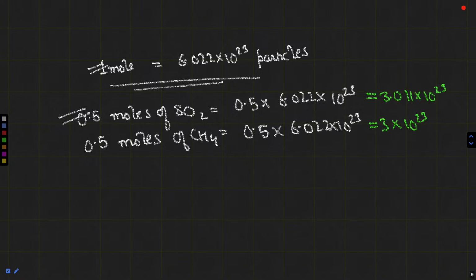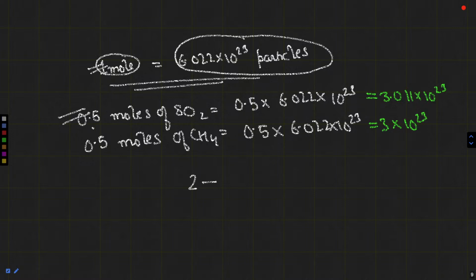You are not getting the point of why I am saying that there will be an equal number of molecules. So when I say that we have 1 mole, then it is very clear that we have this much number of particles. Think of it this way: if one chocolate costs 2 rupees, okay, so again I am taking this analogy.